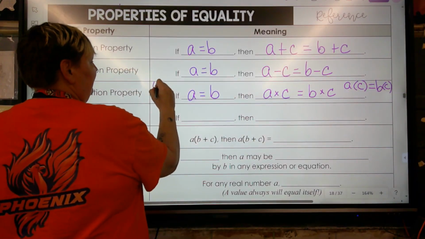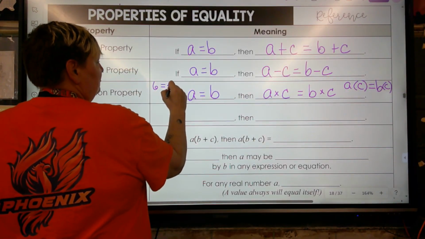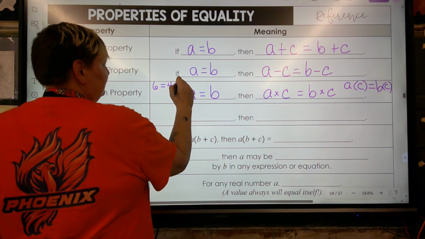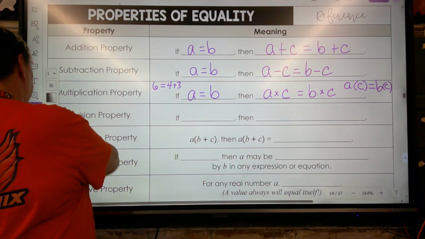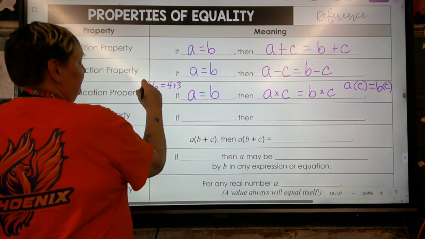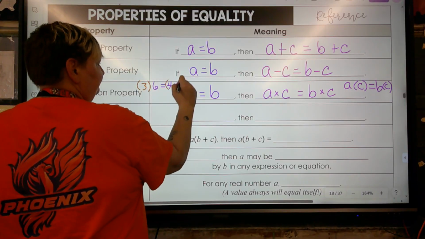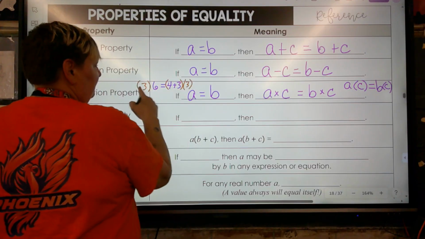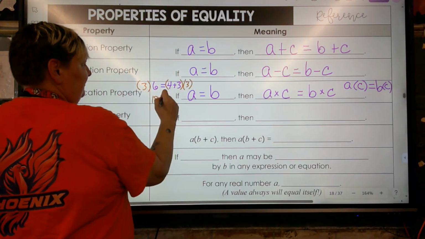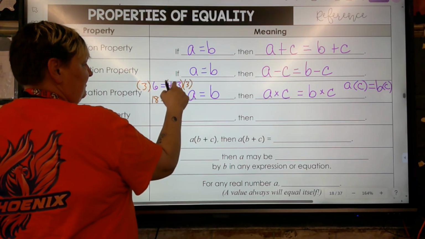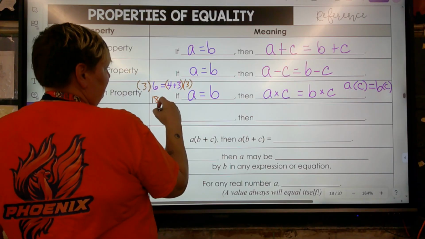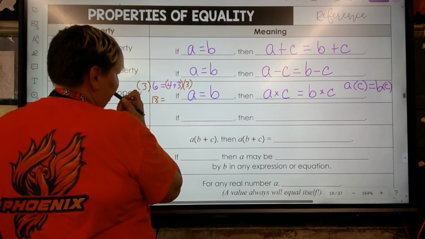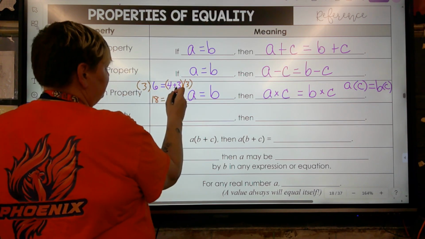So if you have 6 equals 4 plus 2, if you multiply both sides by 3, you still get 18 equals 4 plus 2 times 3. That's not right. Why is that wrong? Oh, because 4 plus 3 is not 6.